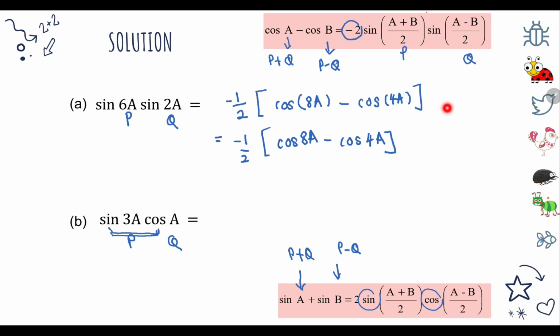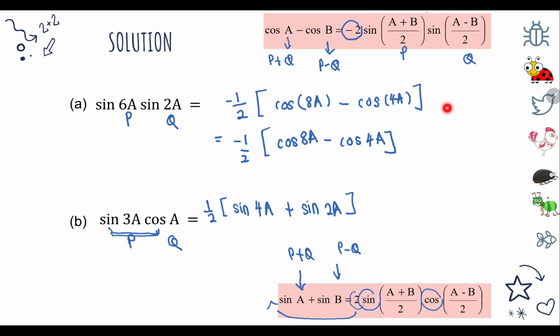So we're going to first transfer the 2 to the left hand side on this formula. So I'm going to write here as 1 over 2. So it's going to be 1 over 2 sin (P plus Q), so 3A plus A is 4A, plus sin B. B is P minus Q, 3A minus A is 2A.